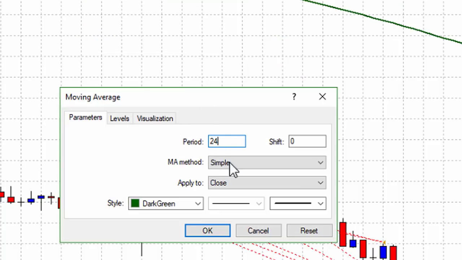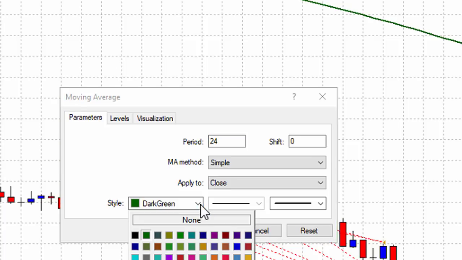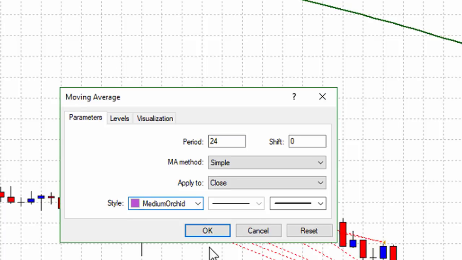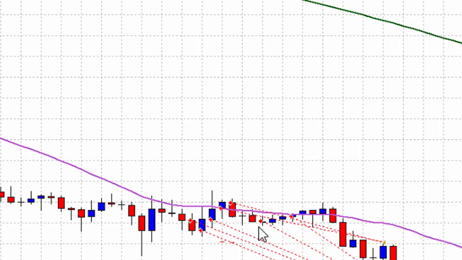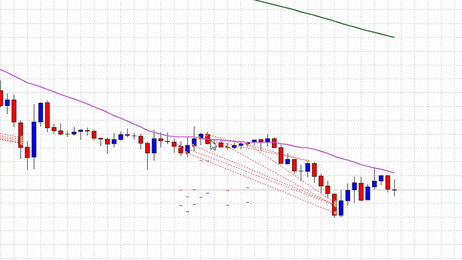Remember, the rule is both of these have to be pointing in the same direction for it to enter trades. We'll make this one violet or something like that. Sometimes it's not 100% clear, but if they are both pointing down, then the EA will enter trades.